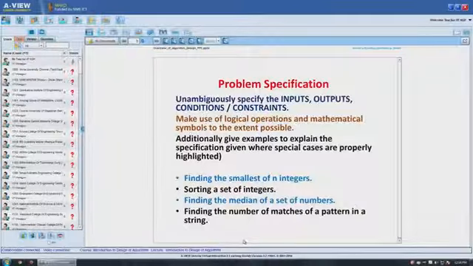Let us take the fourth example of string matching. We know about a pattern and a string. A pattern is a text pattern. For example, in the newspaper or on the net, suppose I take a text file, that whole text file is a string.